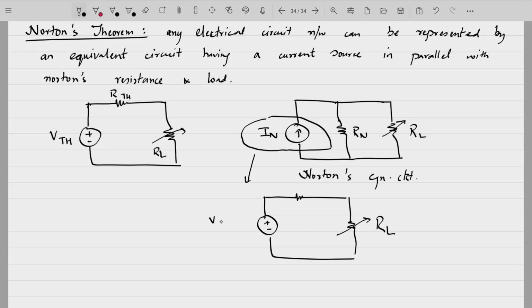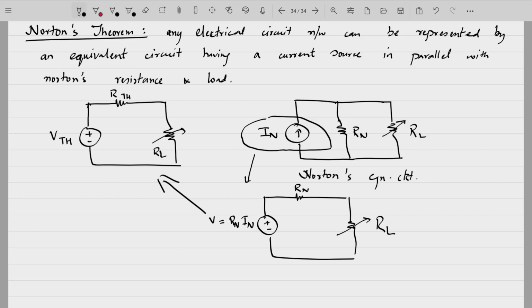You will be having a voltage source in series with a resistance. This voltage source will have a value of Rn into In, while this resistance here is Rn. Now this resistance will be in series with this voltage source, and then you have your normal variable load in series with this resistance. So this becomes equivalent to this.